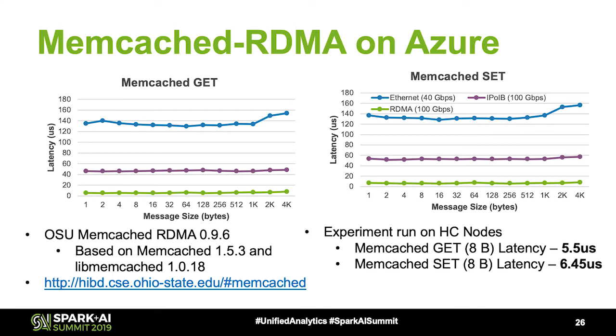So even though it's on the same network, using RDMA can further improve your latency and bandwidth. This is also one of the OSU RDMA big data projects, and the Memcached versions are 1.5.3 and libmemcached 1.0.18.